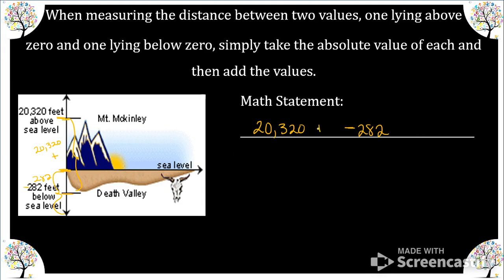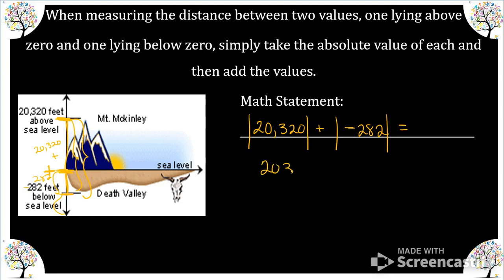So we are going to add the absolute values of these to get the total value. So 20,320 is from here to here, plus Death Valley is from here to here. So it's that distance. So even though where Death Valley lies is a negative number, we're going to take the absolute value because we need that distance. We're adding these two values together to get the total distance.